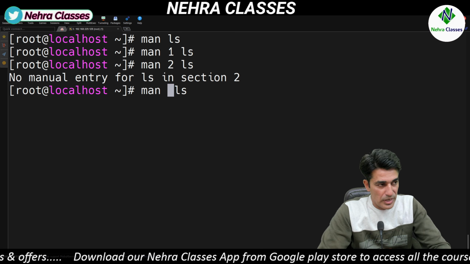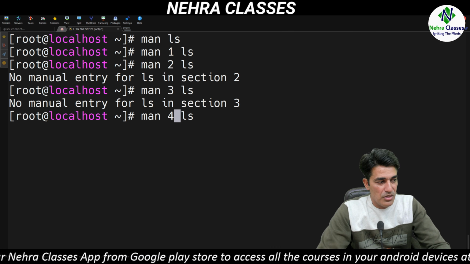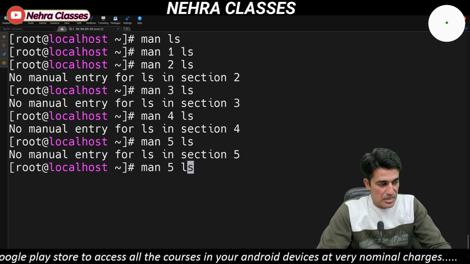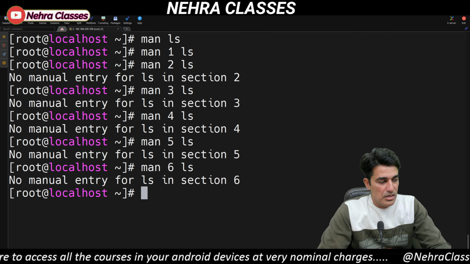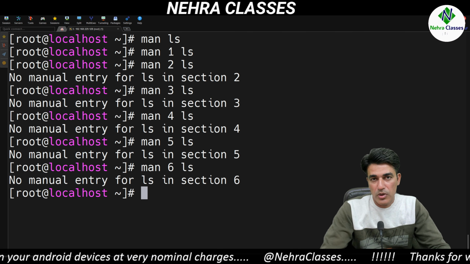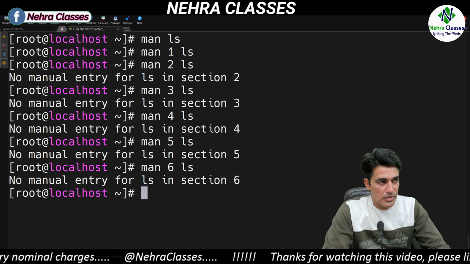Similarly, if you write man 3 ls, again it will not show you anything, for man 4 ls as well, for man 5 ls as well, man 6 as well. There are no manual entries because ls is a command. It is an executable program which is falling in section 1 category only.